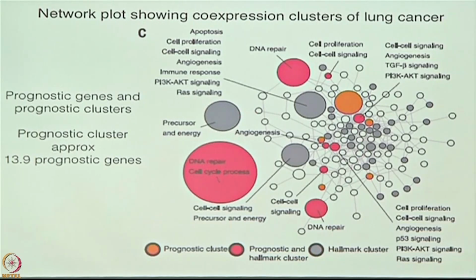They were published 7, 8 years ago. And the prognostic and hallmark clusters are our work, which is superimposed on the hallmark. We agreed that these are all important. And then there is a third group in which we say this is a prognostic cluster, but hallmark hasn't talked about it.